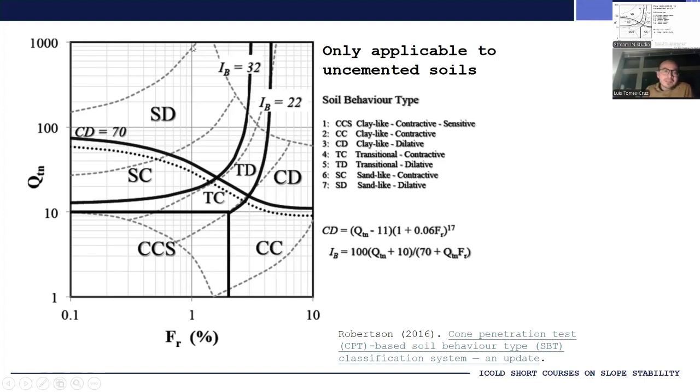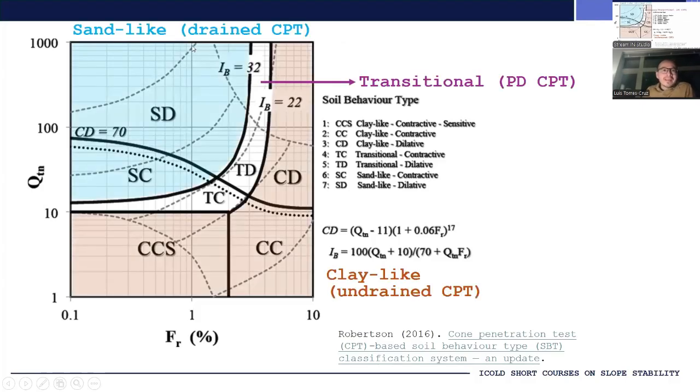So this chart is divided in two ways. The first way is that it is divided depending on whether the CPT is expected to be drained, that would be the blue area, undrained, that would be the brown area, or partially drained, that would be this white area over here in the middle.